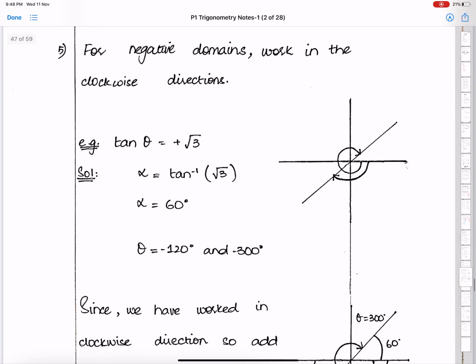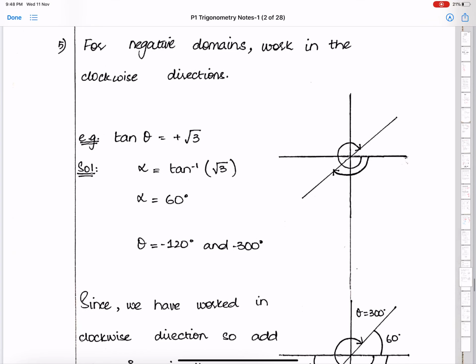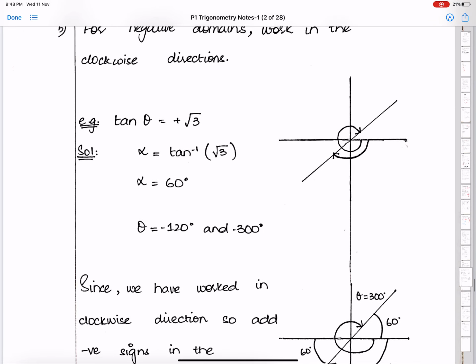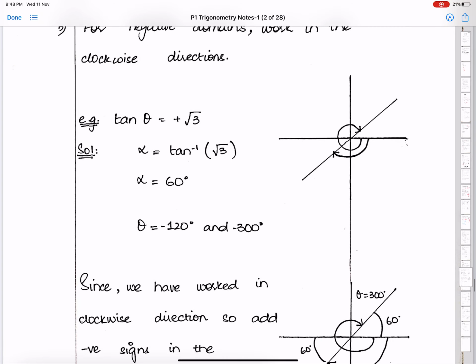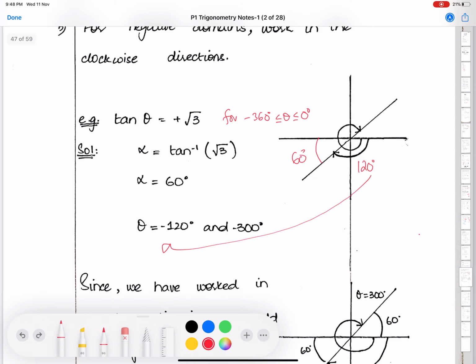For negative domains, work in clockwise direction. Let's suppose we are working this for this domain, for minus 360 to 0. So this alpha is 60, this number is 120, but when you write 120 here, write minus 120, because you work in clockwise direction.